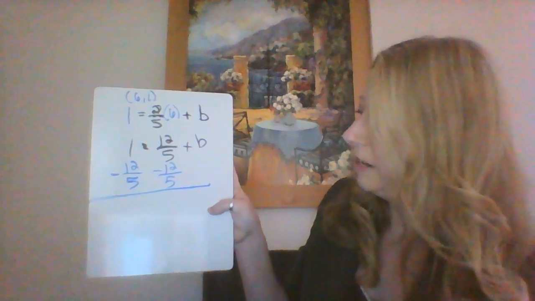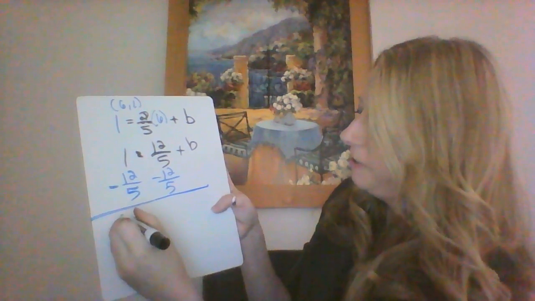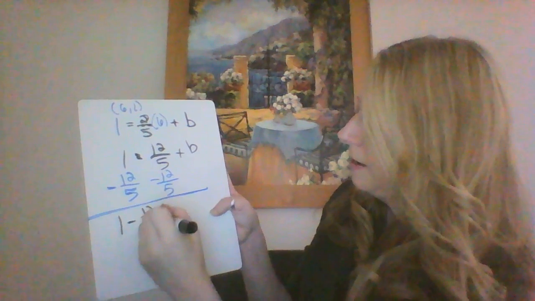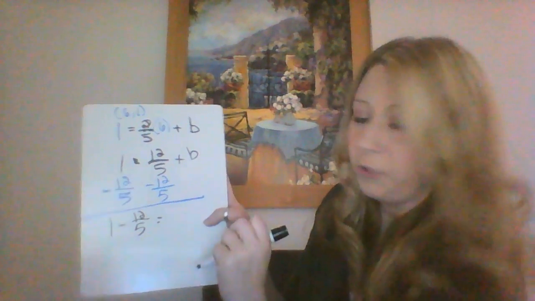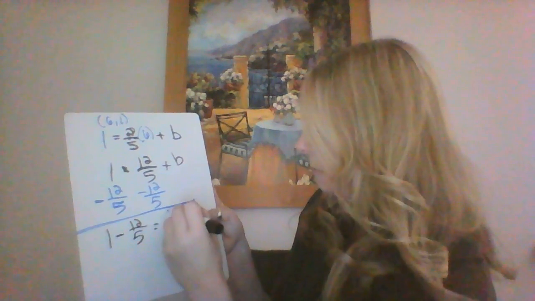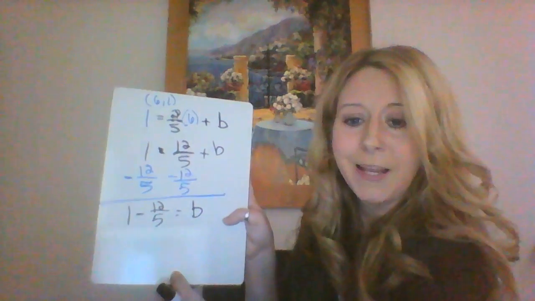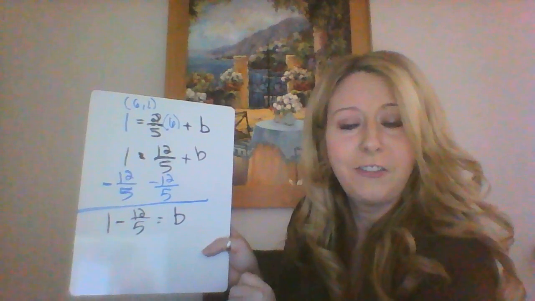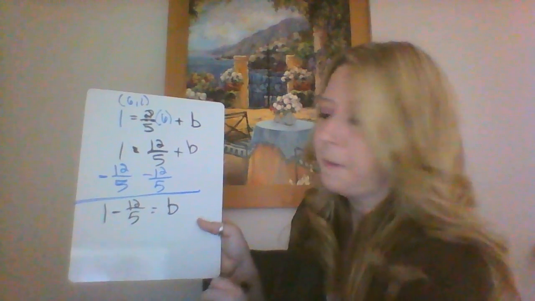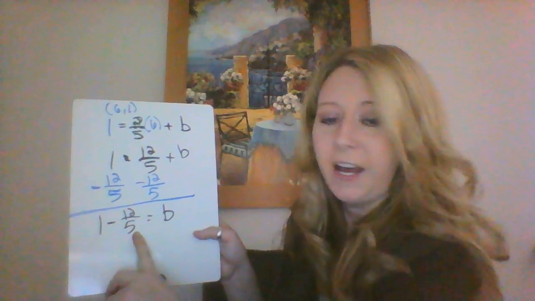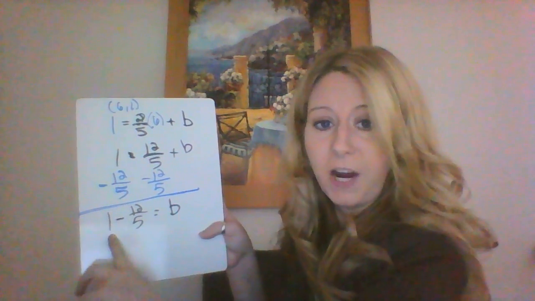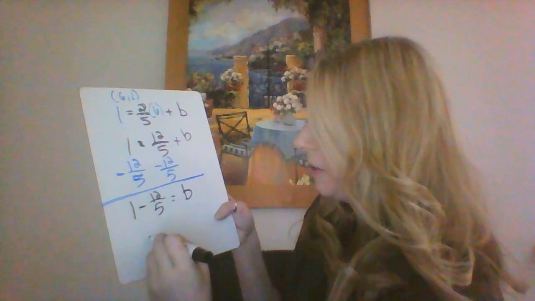On our left side, we have the 1 we started with minus 12/5. And on the right side, the only thing we had left was b, which is what we wanted to have happen. Now, in order to subtract these two fractions, we're going to need a common denominator. Our one fraction has 5 for a denominator, so I want to go ahead and rewrite the 1 so that it also has a denominator of 5.